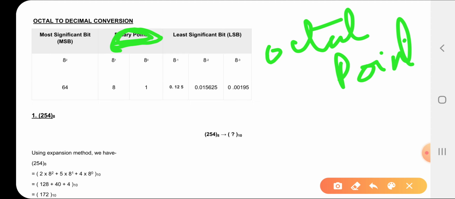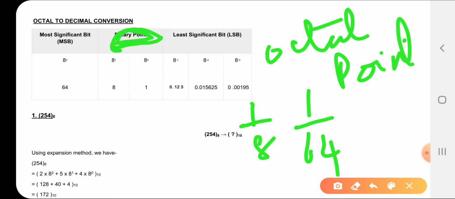After the octal point you should have 8 power minus 1, 8 power minus 2, 8 power minus 3. How do we find the value for 8 power minus 1? That is 1 by 8, so you have to divide 1 by 8. 8 power minus 2 means 1 by 64.